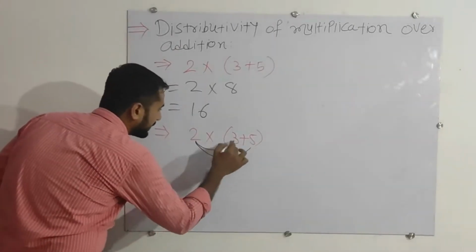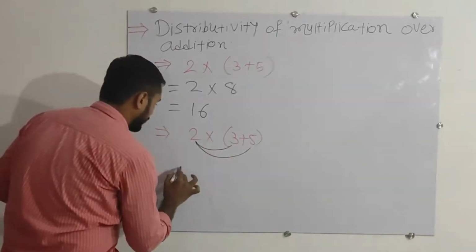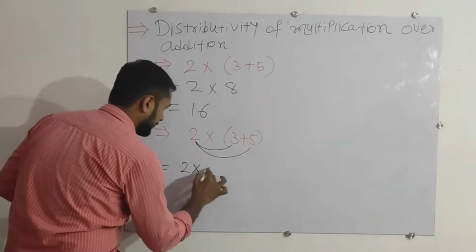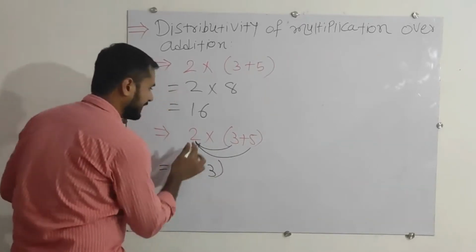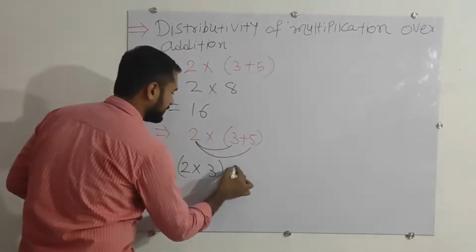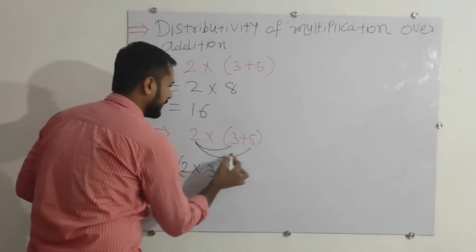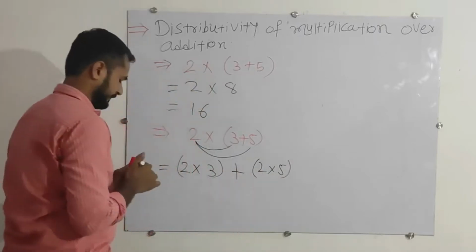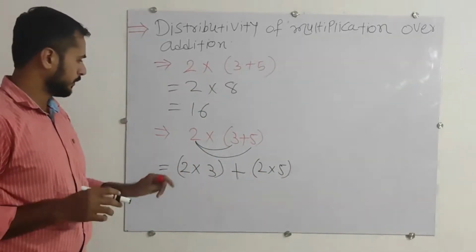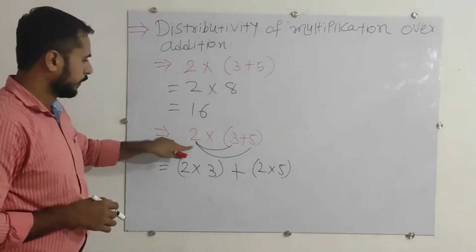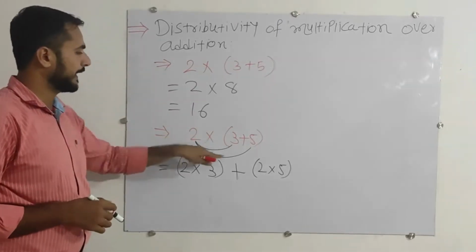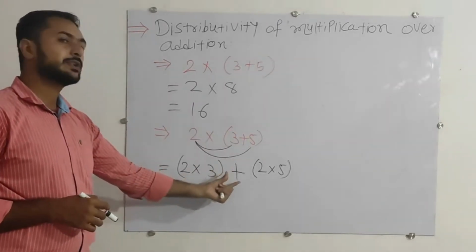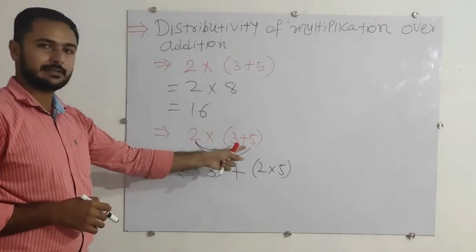First of all, I will multiply with the 3 because that's the first one. So 2 multiply by 3. Which sign is here? Addition, so put that. Again, 2 multiply by 5. Once again, 2 will multiply to 3 first, then 2 will multiply to 5, and in between there is the addition sign, as it is here.